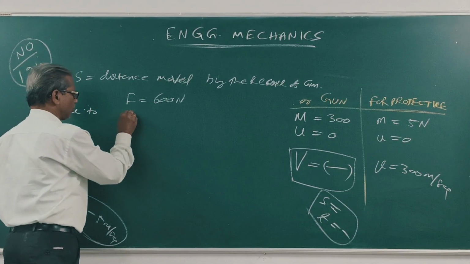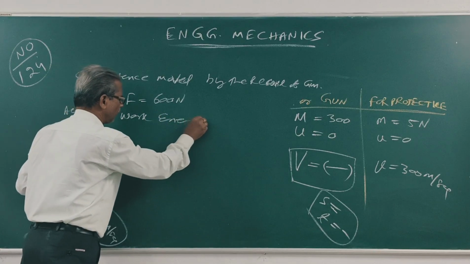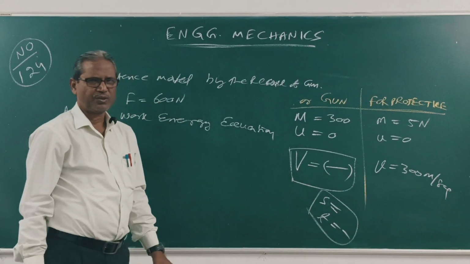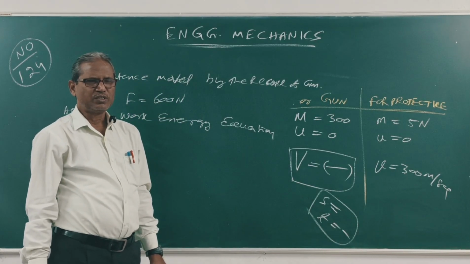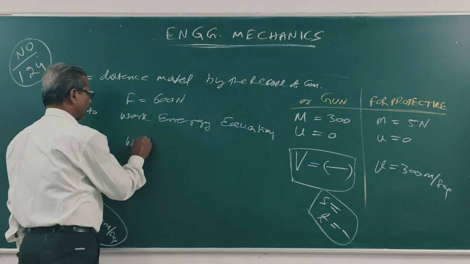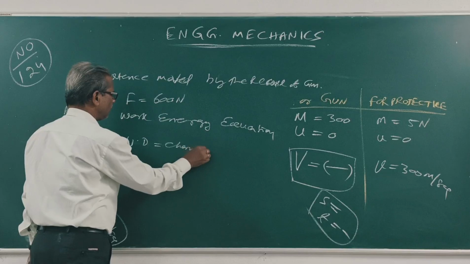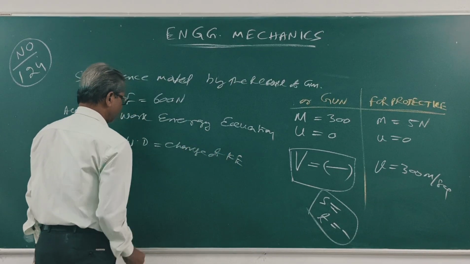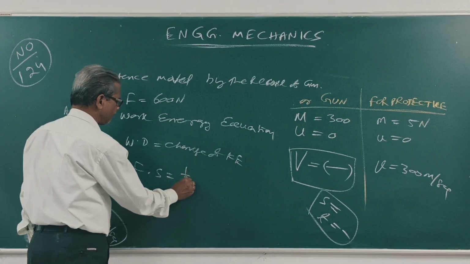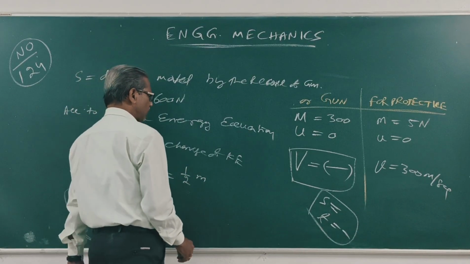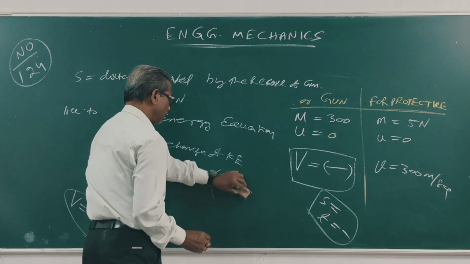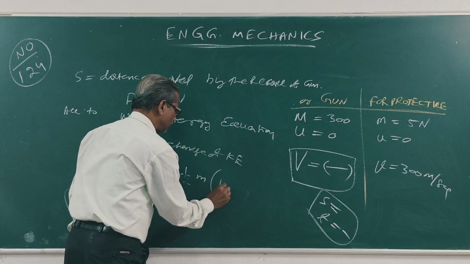So according to the work energy principle or work energy equation, clear? The work done is equal to change of K. What is the equation? Work done is equal to change of K. So minus F into S is equal to half M into V1 square minus U1 square.